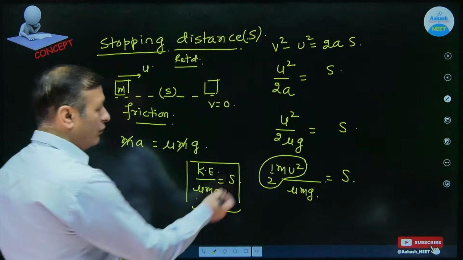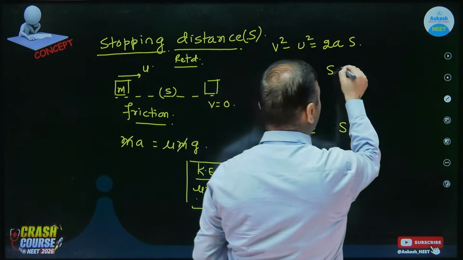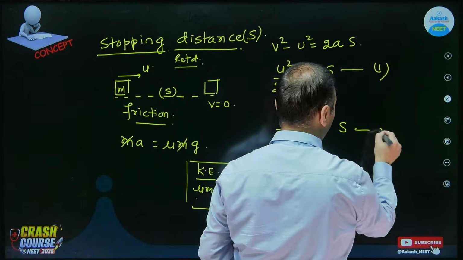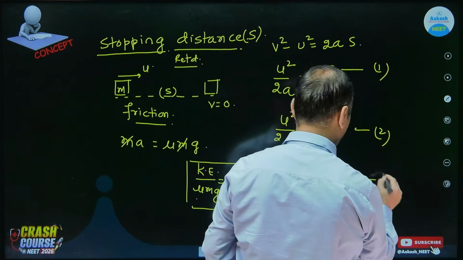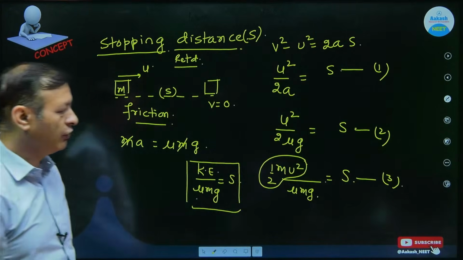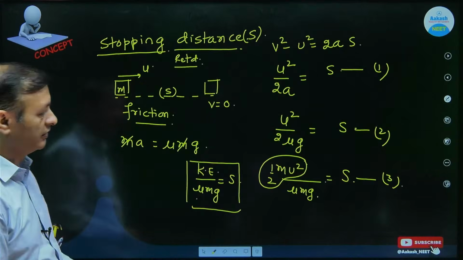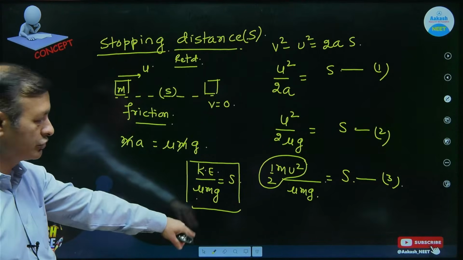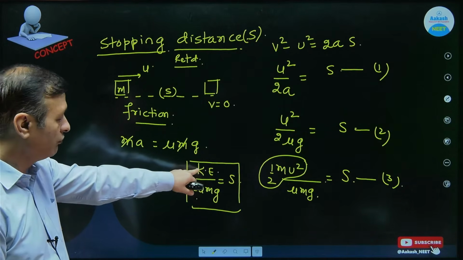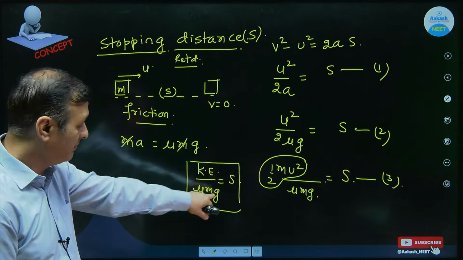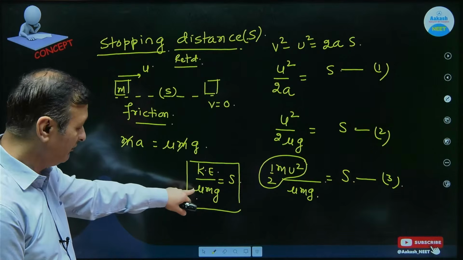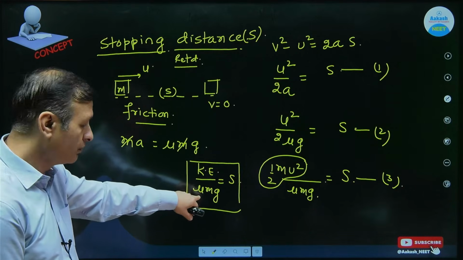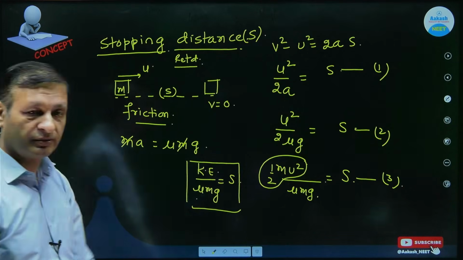Now if you look at the formulas, you have one formula, another formula, you may have a third formula. All these formulas will primarily define the varieties of objective questions that can be asked from this section. So if two bodies are moving with the same kinetic energy but different masses on the same surface having the same mu, got it or not?